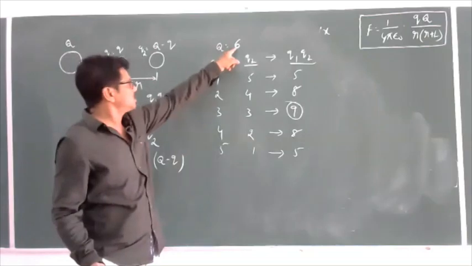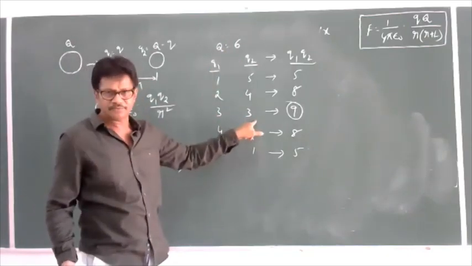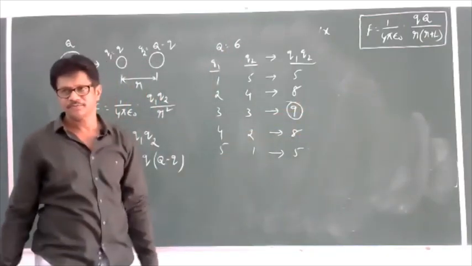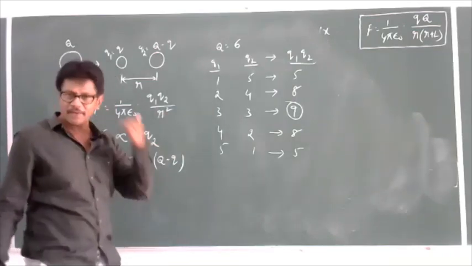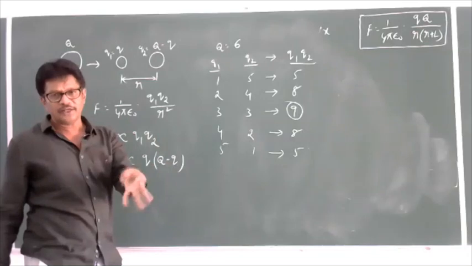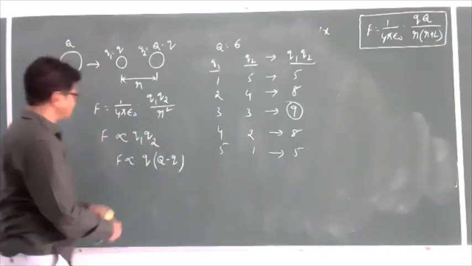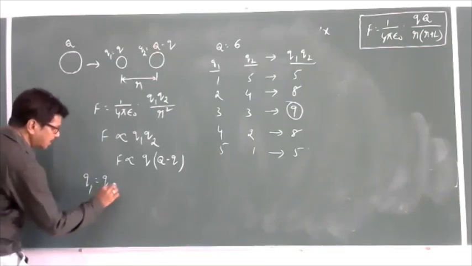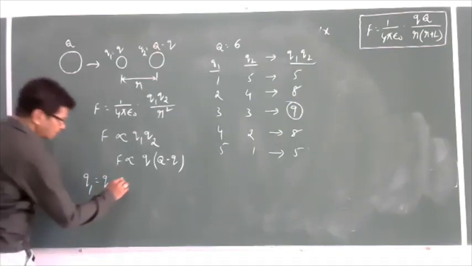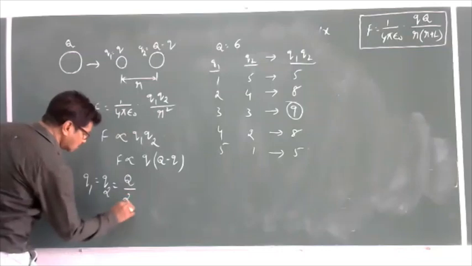If 6 is divided into 3 and 3, we'll get the maximum force. So in the same manner, to experience the maximum force, the value of Q1 and Q2 must be equal, and each should be equal to Q by 2.